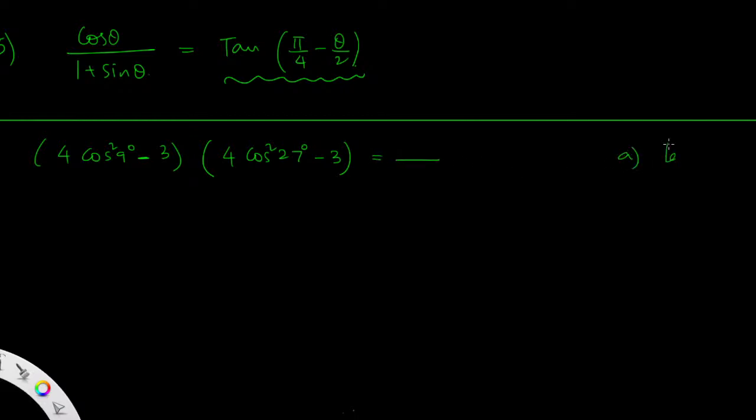The options are tan 9, cot 9, cos 9, sin 9. The options are like this. 4 cos square 9 minus 3 into 4 cos square 27 minus 3 equal to dash. Answer in terms of tan 9, cot 9, cos 9, sin 9.